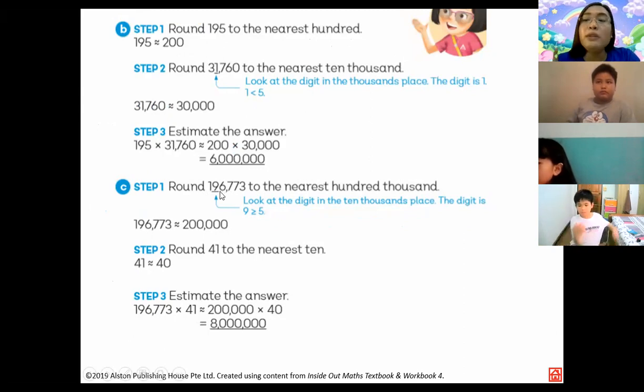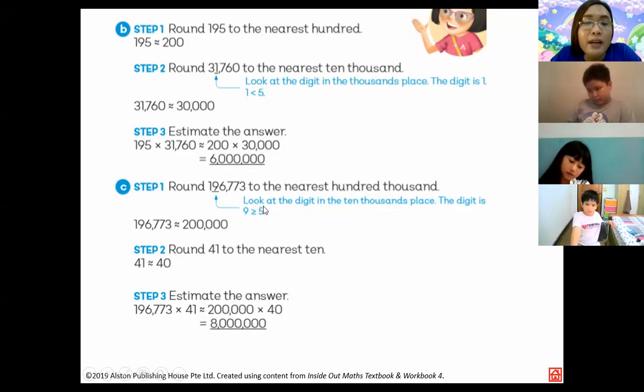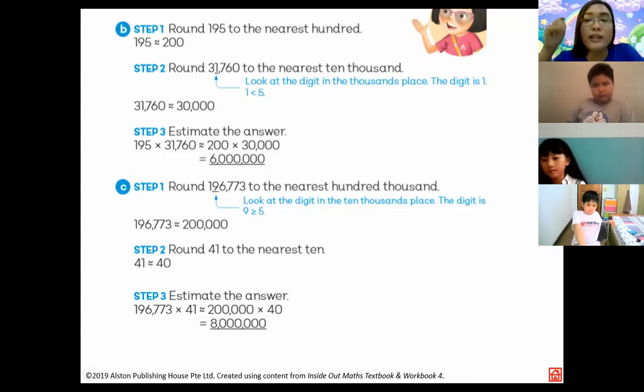So again, the rule is we have to check the number before the 100,000. Look at the digit in the 10,000 place. The digit is number 9, and it's greater than or equal to 5.